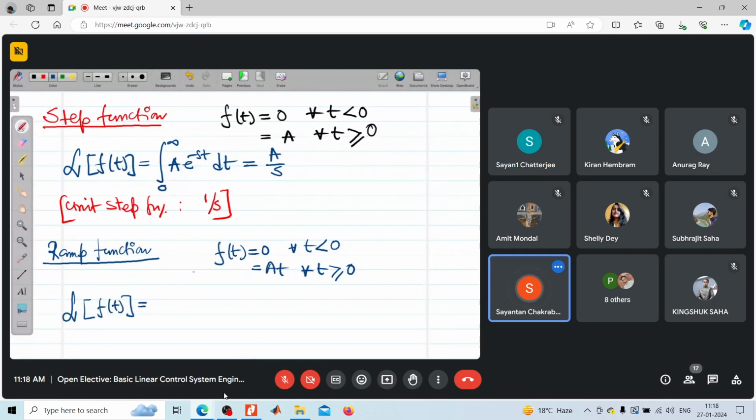Then you can find the Laplace of f(t) as the integral from 0 to infinity of a t e to the power minus st dt.